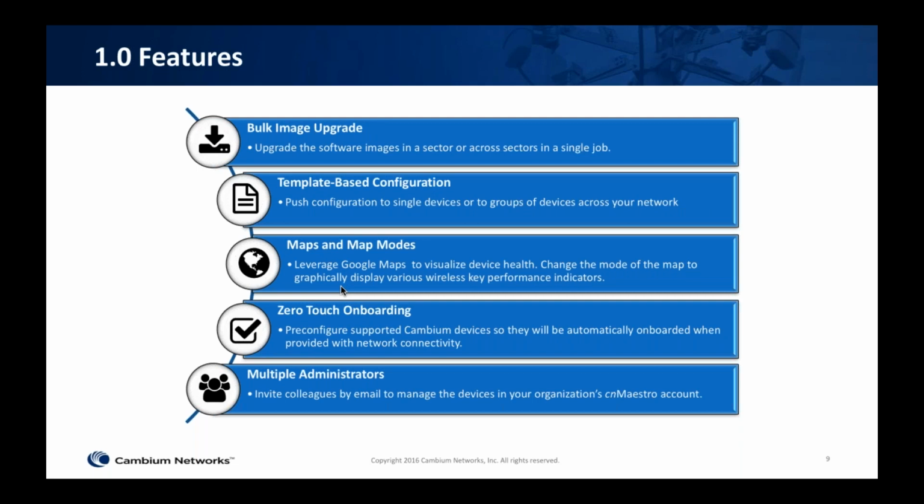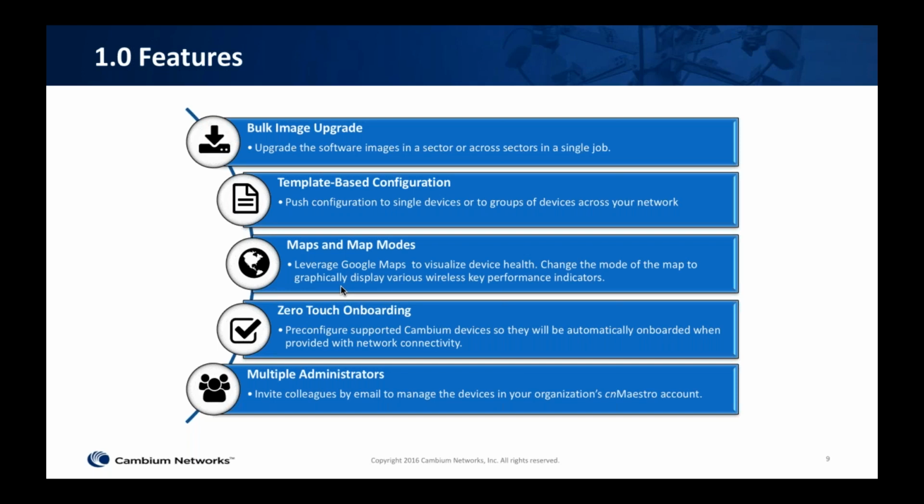What else? Probably the most popular feature we have right now in CN Maestro is bulk image upgrade. So if you want to upgrade the firmware on all your network, the easiest way is to use CN Maestro right now. So it's the number one feature everybody is using CN Maestro for right now.